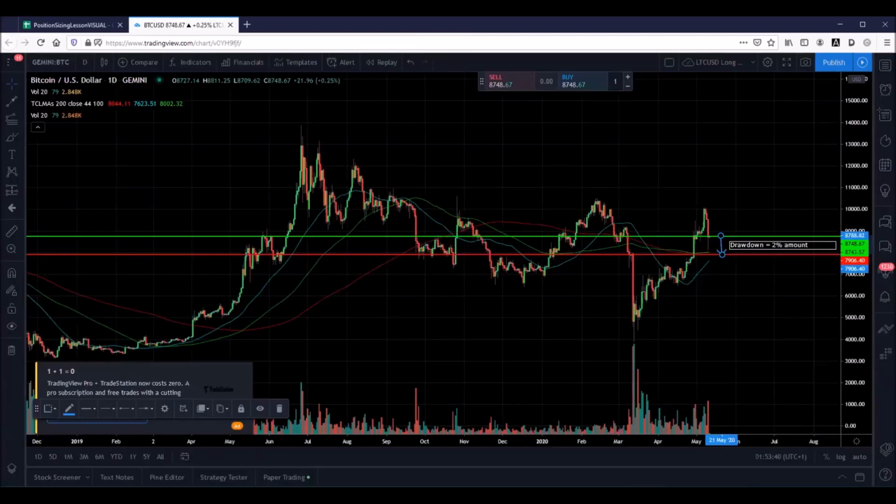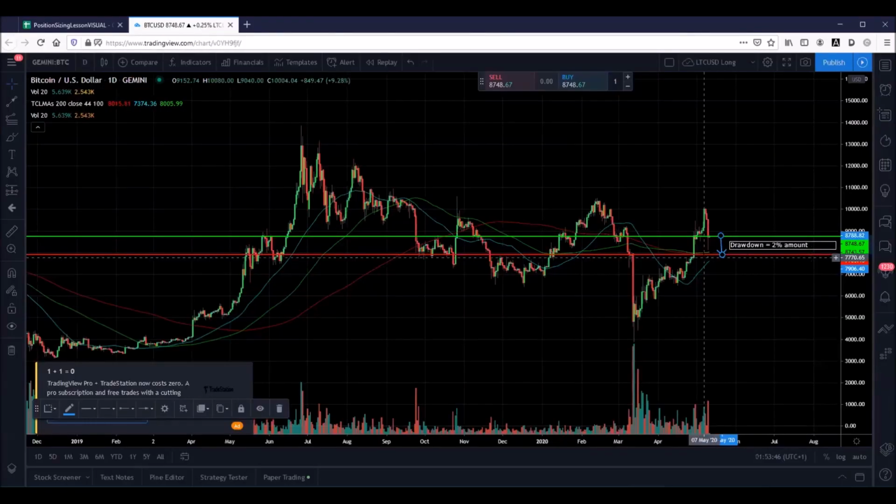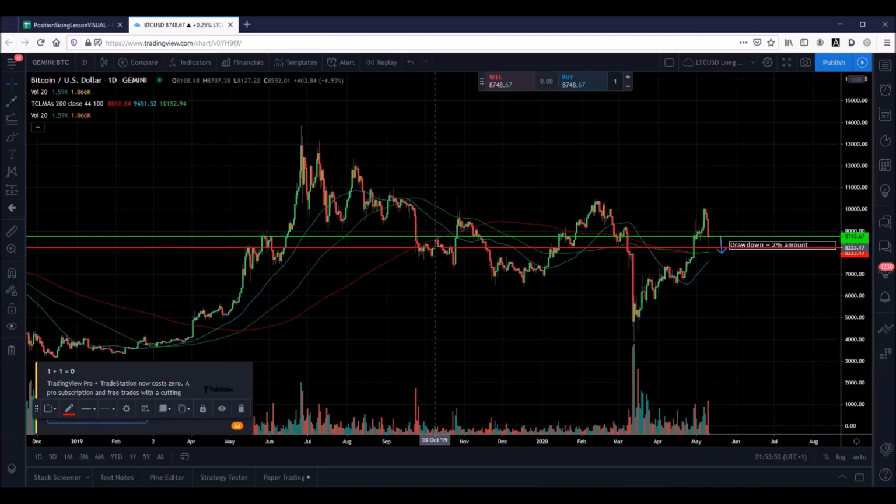Okay. Going back to this example, here's my entry, here's my drawdown, here's my position size. Now, what happens if I pull my stop in? The moment that I decide to pull my stop up, let's say I'm going to just be psychological and go to just under 8,200.